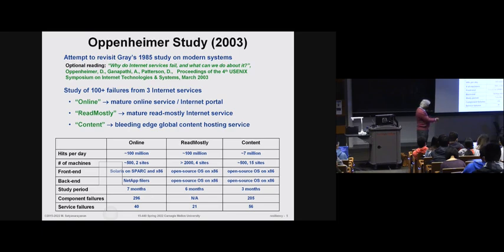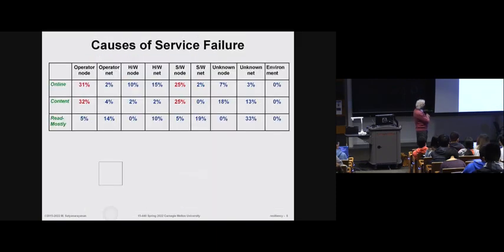And the total number of failures was much smaller than the original study, but the period of study, they deliberately kept close to 7 months in one case, close to 6 months in another. The other one was shorter, 3 months. So this is the background. So what did they find? These are the causes they found.